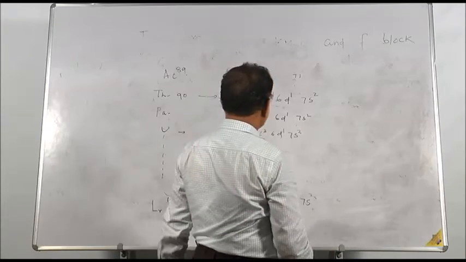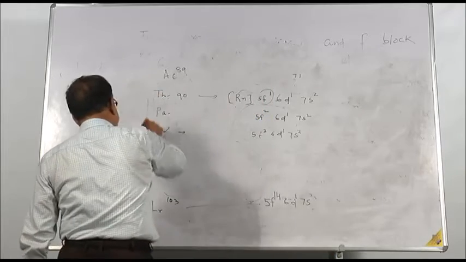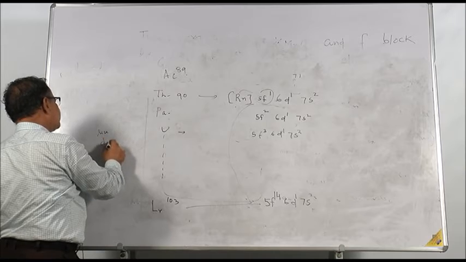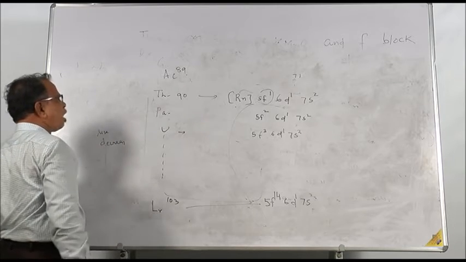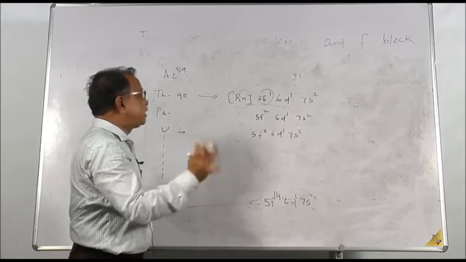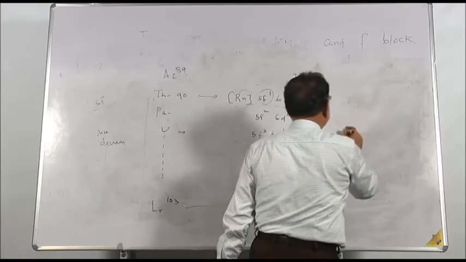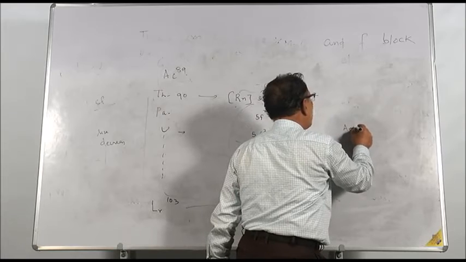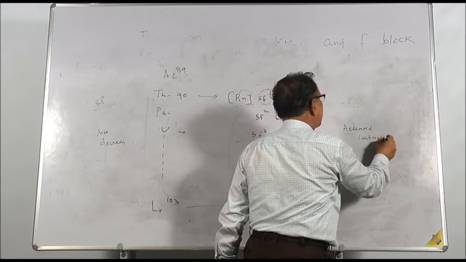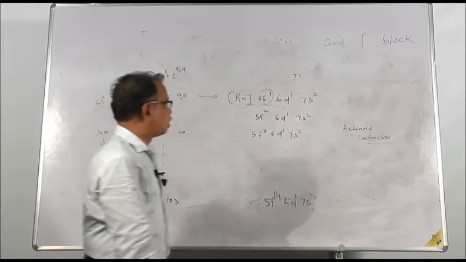Similarly, as with the lanthanide contraction, the size also decreases here. This decrease of size of the 5f elements is called actinoid contraction. So one is lanthanide contraction, another is actinoid contraction.